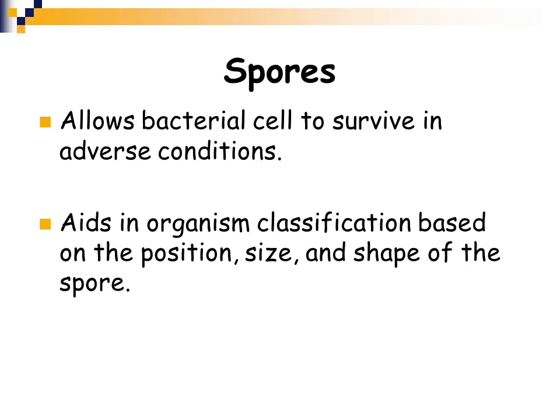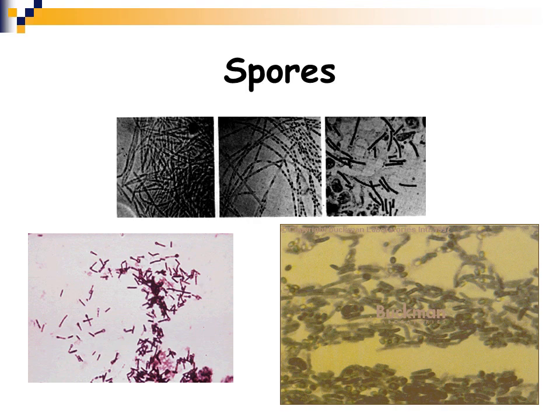Spores also are going to aid in the classification of the organism based on the position of the spore within the cell, the size of the spore, as well as the shape of it. So here are some photos of spore-forming organisms. You could see in the top, you'll see kind of a darker area, which is the bacterium, and then kind of a light area, that's the spore.